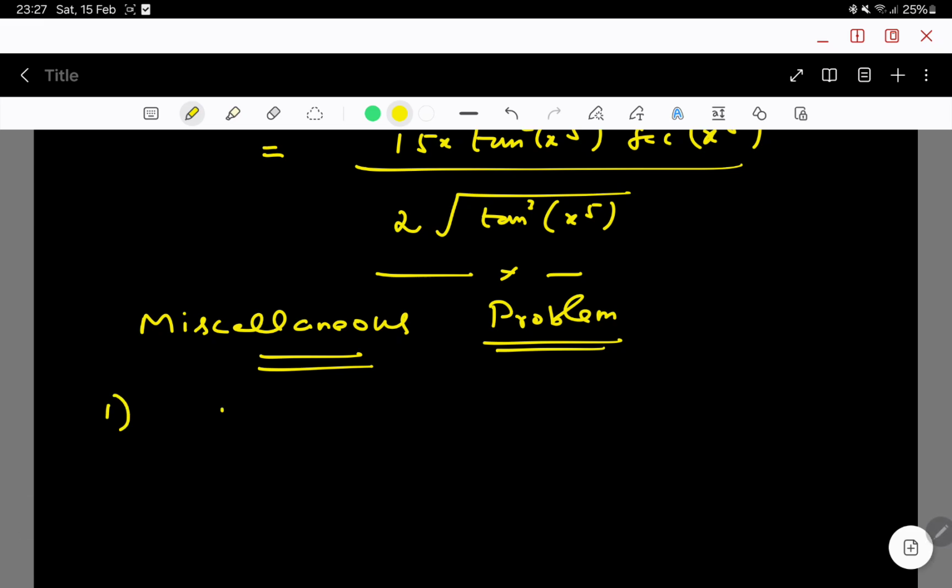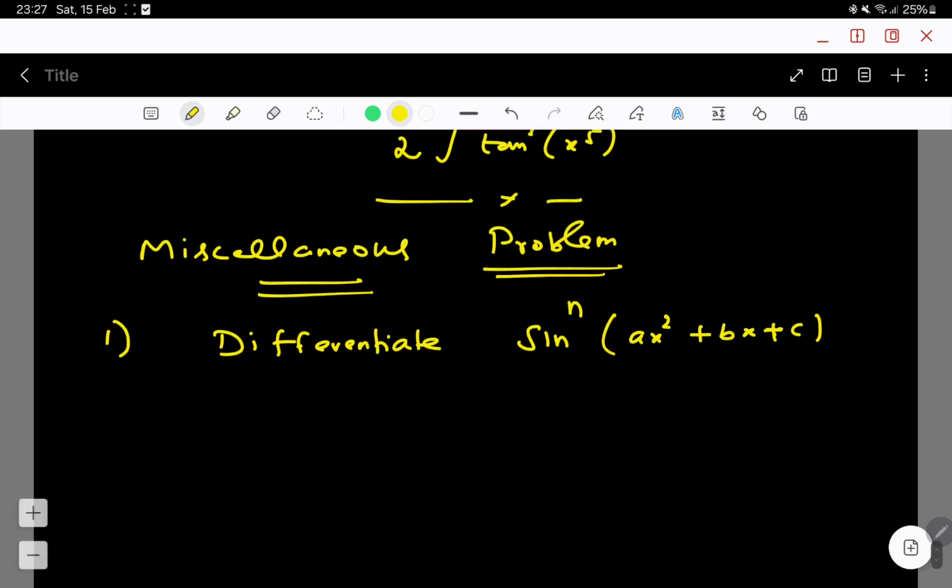First one, differentiate sine power n of ax square plus bx plus c. We take y is equal to sine power n of ax square plus bx plus c.